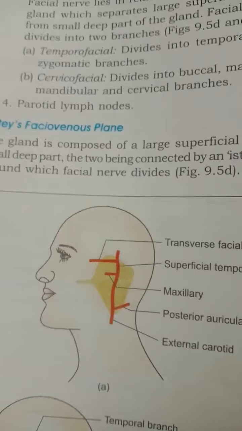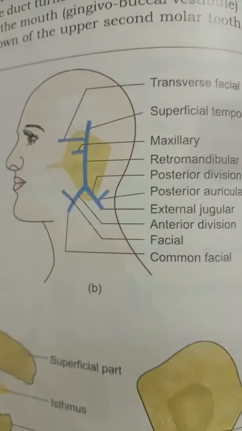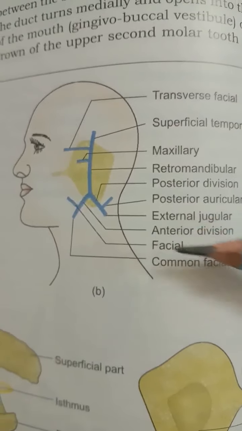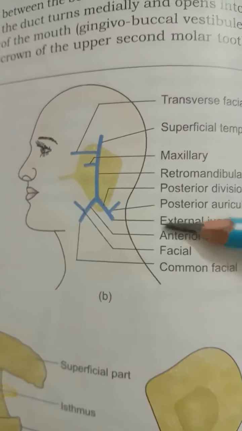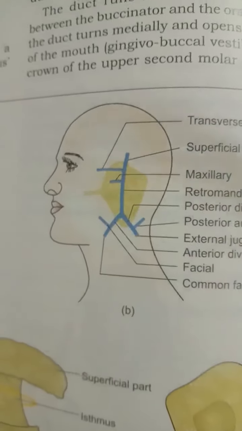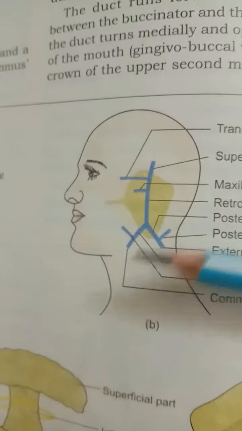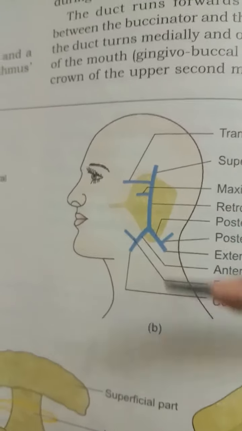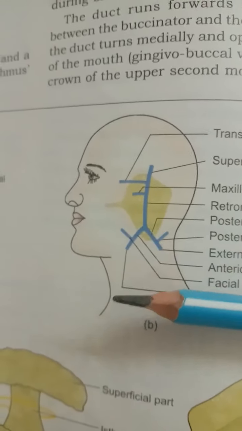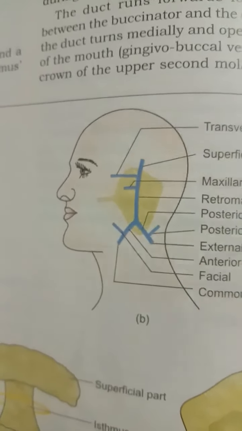Then the venous drainage of the parotid gland occurs into the external jugular vein and the internal jugular vein. Then the lymphatic drainage: the lymph drains firstly into the parotid lymph nodes, and from there into the upper deep cervical lymph nodes.